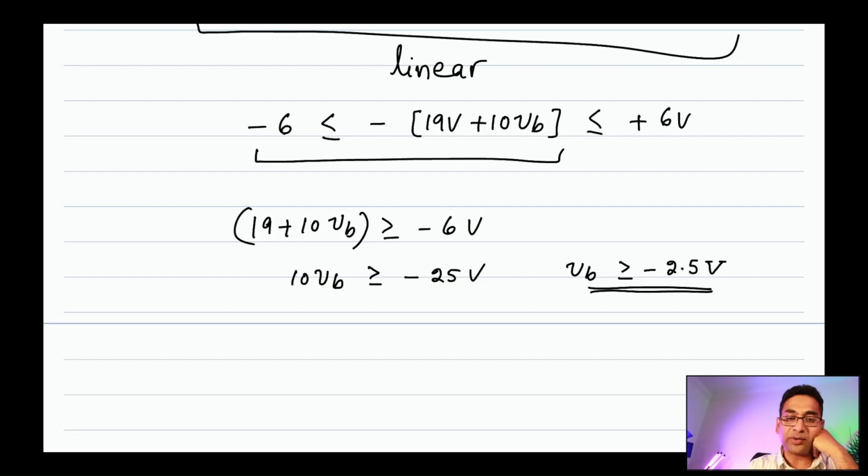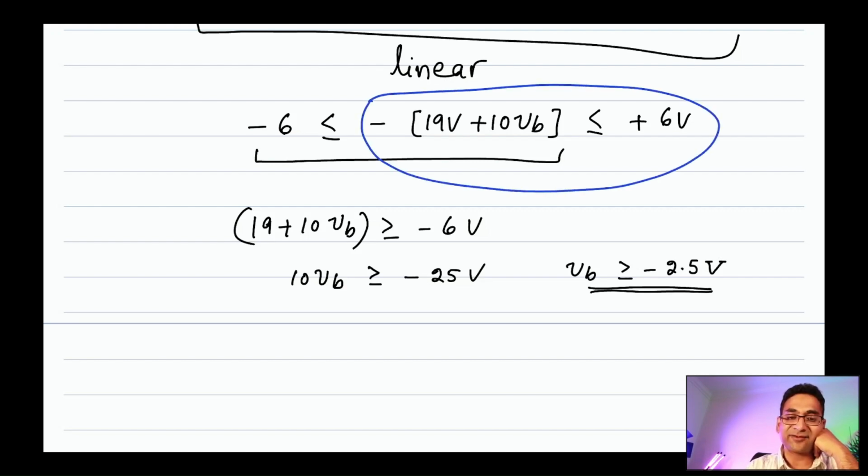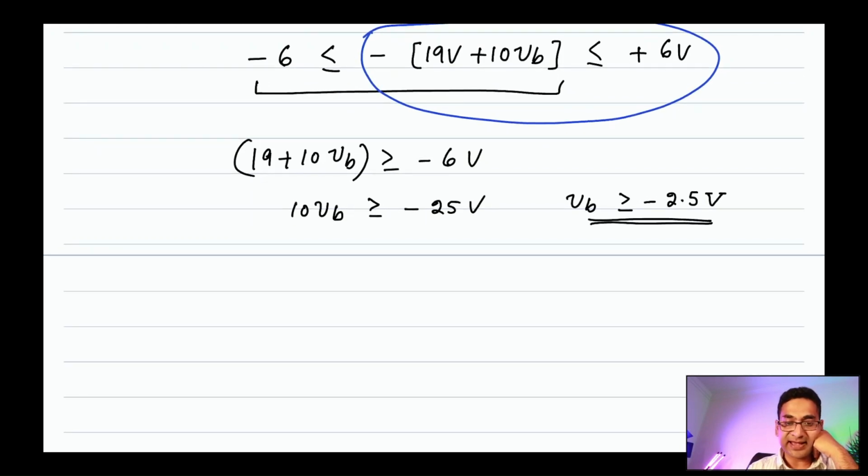Let's evaluate the other condition, which is simply taking this side of the inequality. 6 volts should be greater than or equal to negative 19 volts plus 10 VB.